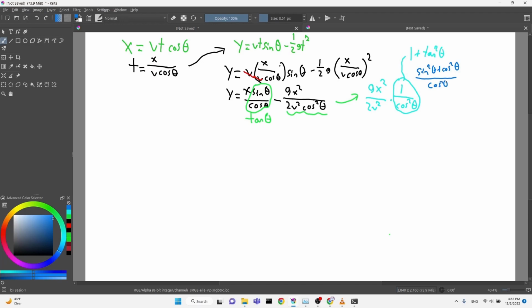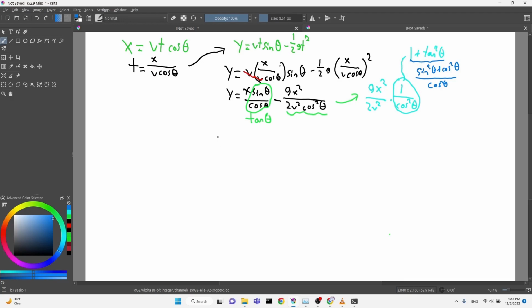And then you already see that cosine squared theta can cancel out, leaving 1, and then plus sine squared theta over cosine squared theta, which is tangent squared theta. And that's how you get this formula, right? Anyway, now back on track.